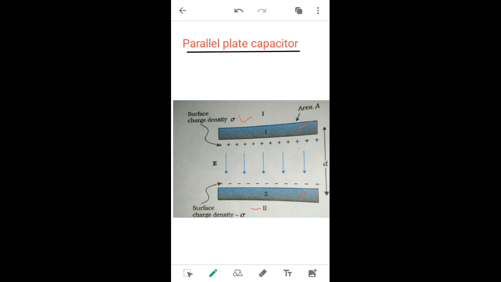We will consider only this part of the plate. At the edges we are going to neglect, and moreover it is not shown here, the second plate will be earthed.